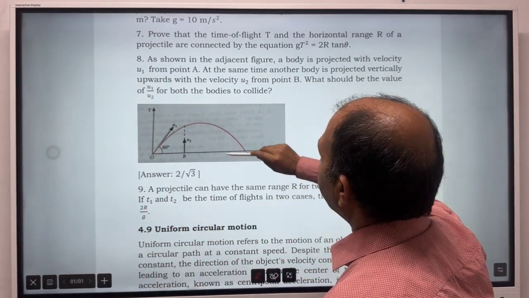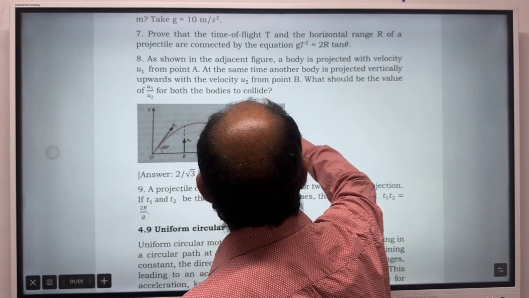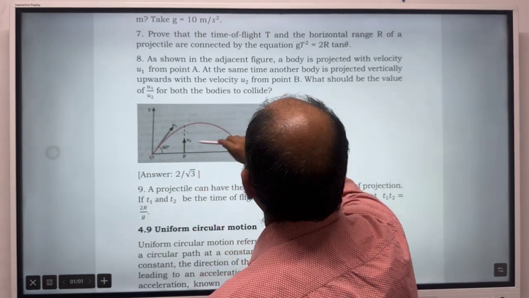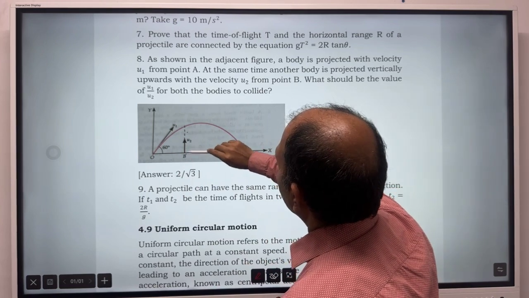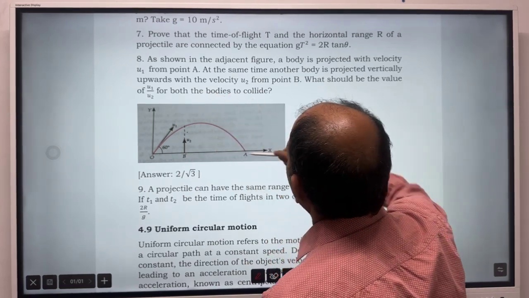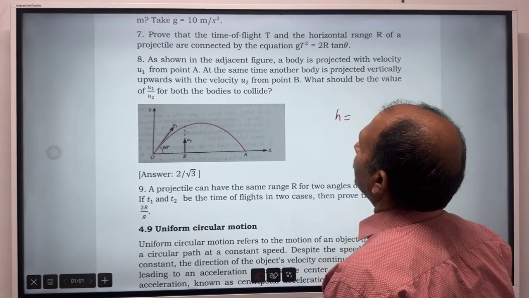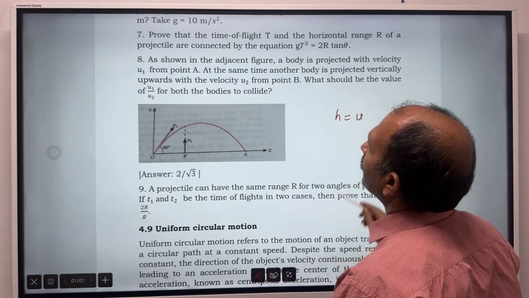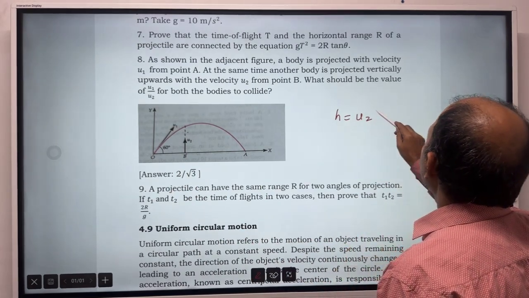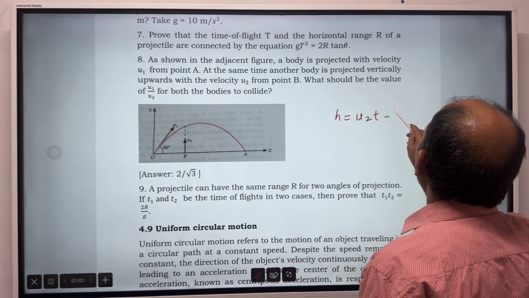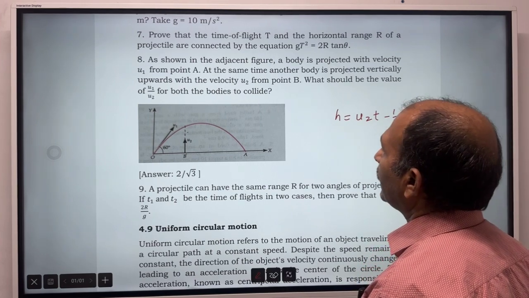So if you take this body, the time taken for both bodies is the same. Suppose you first consider the body B, which is moving vertically in this direction. So for that, h equals u2 t minus half g t square.